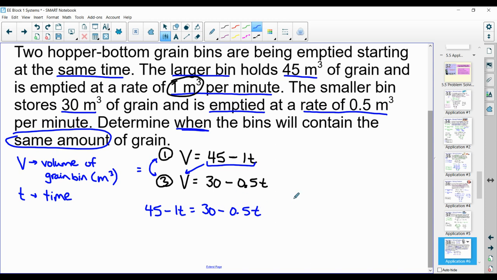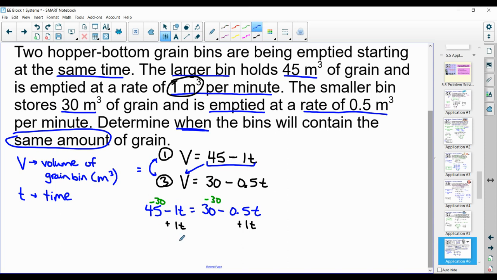Rearranging, now we have variables on both sides of the equation. So ultimately, my goal is to get all of my variables together. So I'm going to add 1t to both sides. And at the same time, I'm going to subtract 30 from both sides. So you can do this in 2 steps or do it in 1 step, whichever you're more comfortable with.